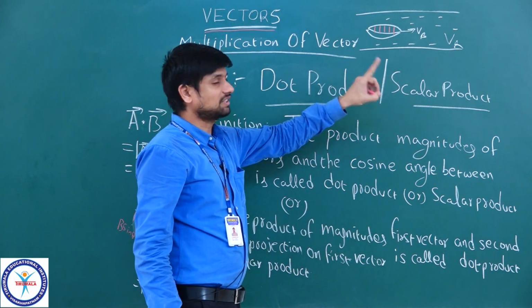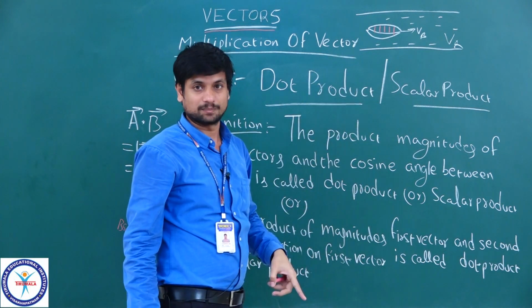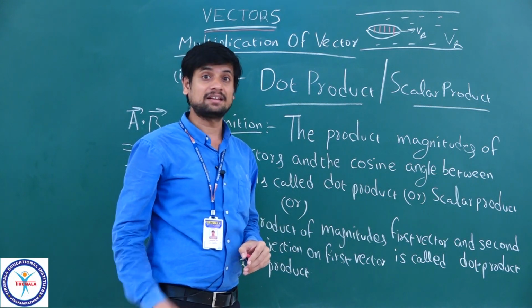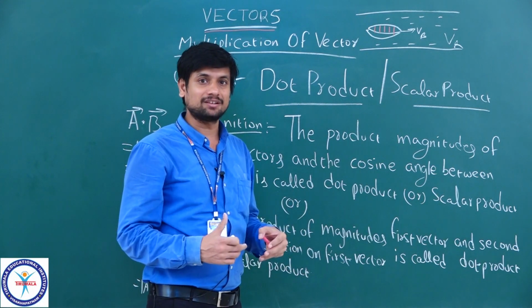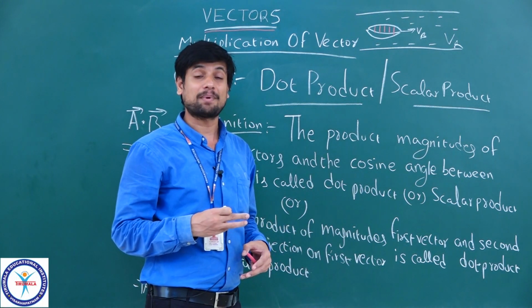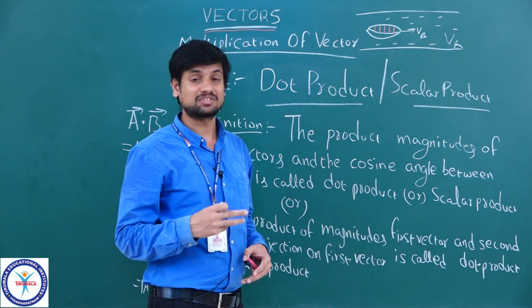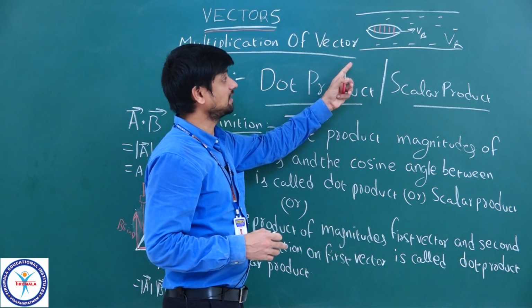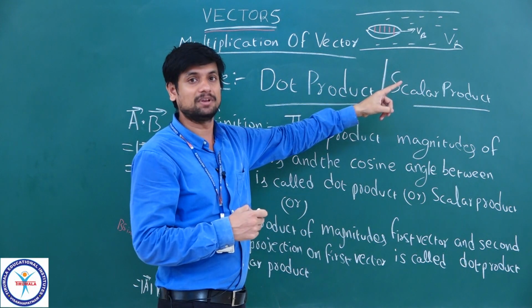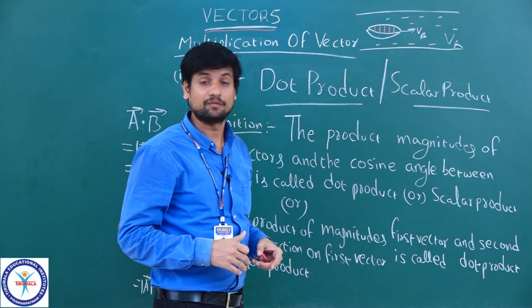How much parallel are this force and that force, this velocity and that velocity? So here we are checking between two physical quantities how much they are parallel to each other. If they are parallel to each other, the output impact will be very high.